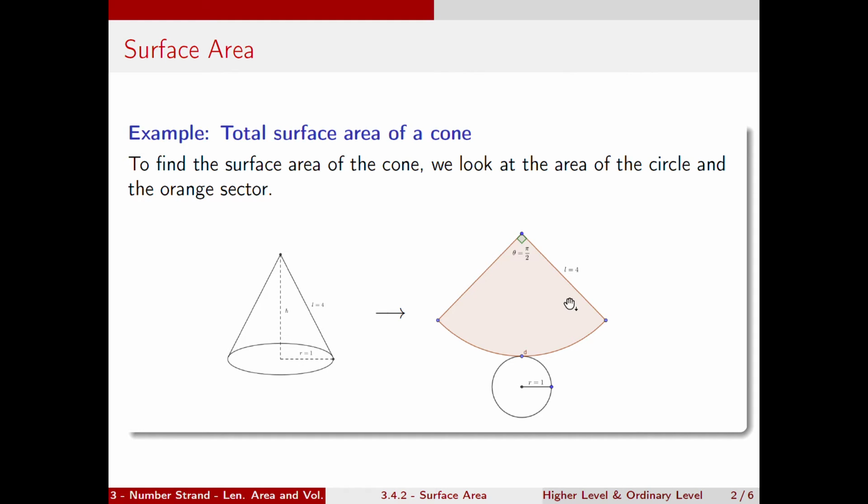That now translates on this orange sector to what looks like the radius of a circle, because we have a sector here of a circle. So L equal to 4 is now equal to the radius of a larger circle, and the angle that we get, theta, is pi over 2. And on the bottom circle, the radius remains 1.